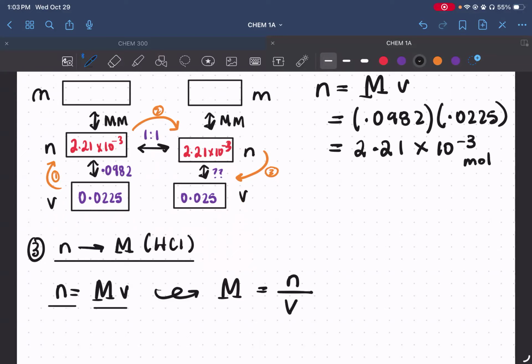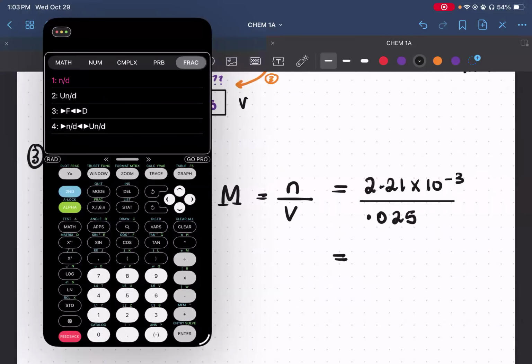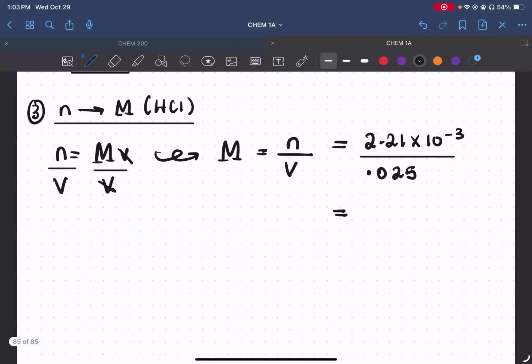I just divided both sides by V. We know the number of moles is 2.21 times 10 to the negative 3. And we know the volume is 0.025. We'll put this in our calculator. 2.21 times 10 raised to the negative 3, all over 0.025, giving us a grand total of 0.0884. I'll write that whole thing out. 0.0884 molarity.